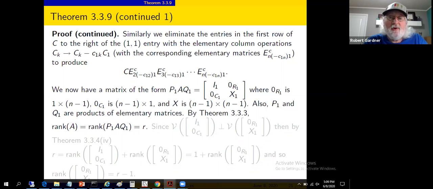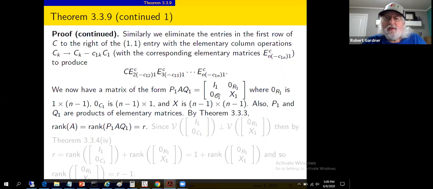I can even tell you what they were if you've cornered me on it. So we got a product of a bunch of elementary matrices times matrix A times a product of a bunch of elementary matrices, and we produce this thing. Here's what I mean by this. I sub 1, that'd be the 1 by 1 identity matrix. It's just a 1 entry up here. Below it, we've got a column vector. Let's call it C sub 1.